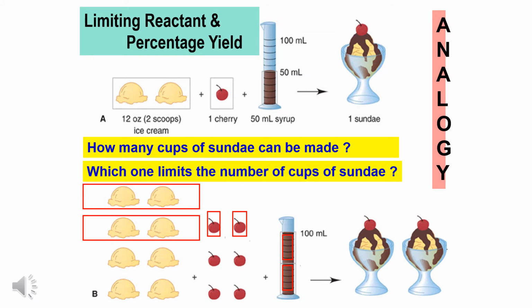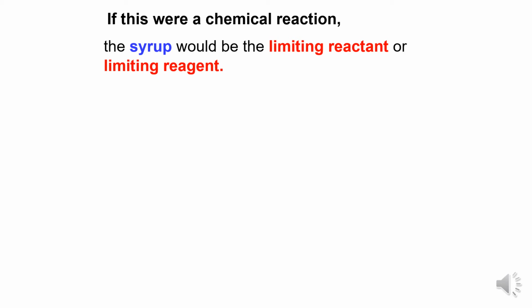Which one limits the number of cups of sundae? Hot question. If this were a chemical reaction, the syrup would be the limiting reactant or limiting reagent.